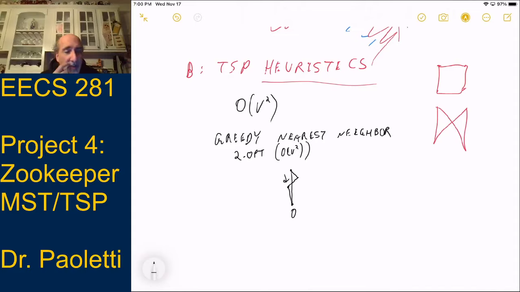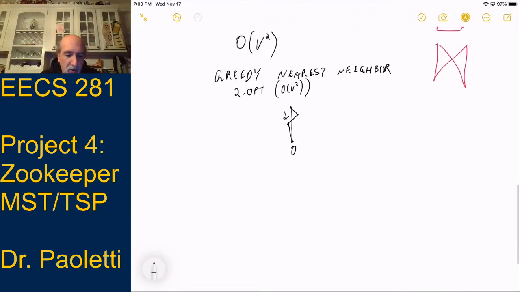If you're doing any of the insertion heuristics, I should go back to this. For part B and part C, your path should be a vector of indices. A lot of students are going to want to say, well, I'll just make a vector of coordinates. Well, vectors of coordinates are bigger.